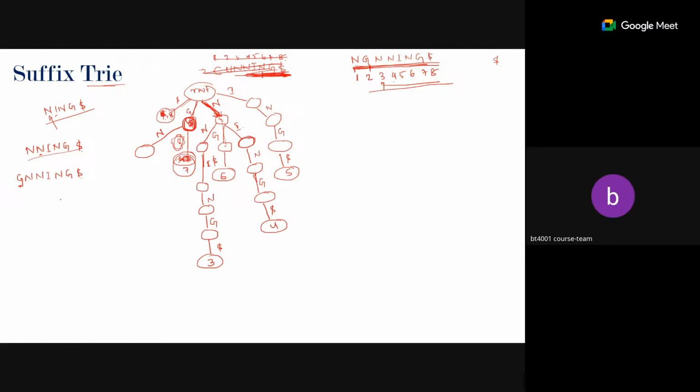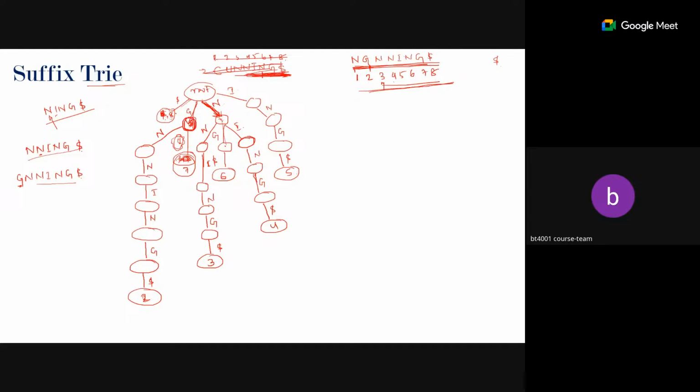I can just keep on adding these children, so that we have G, then I'll add N, then we can have I, then N, then G, and finally the dollar. This again starts from the position 2, so we'll store the value 2 at this particular position. Then finally we have ng and ing dollar.